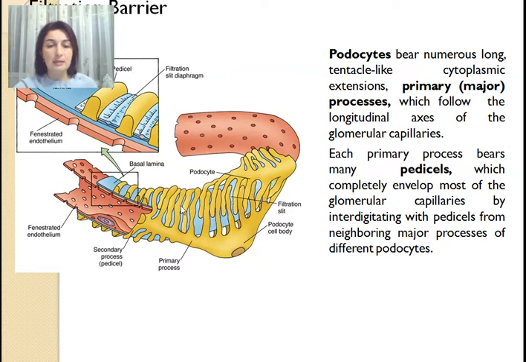The pedicels touch the basal lamina and surround the capillaries. The capillaries of the glomerulus are fenestrated capillaries which do not have diaphragms. They are devoid of diaphragms.